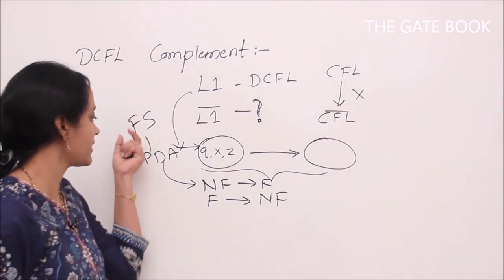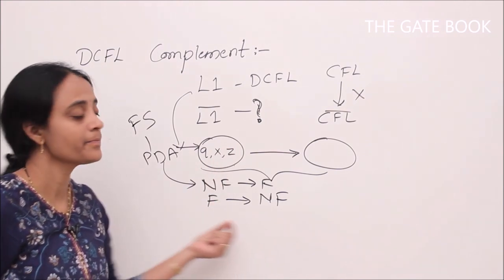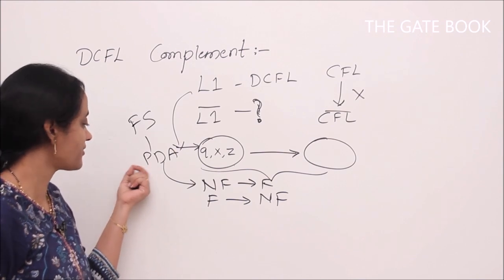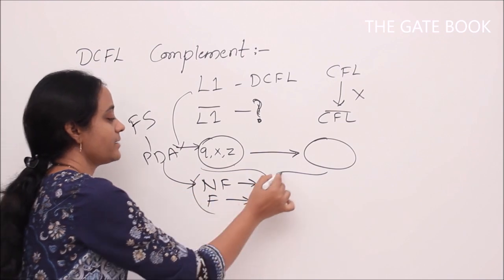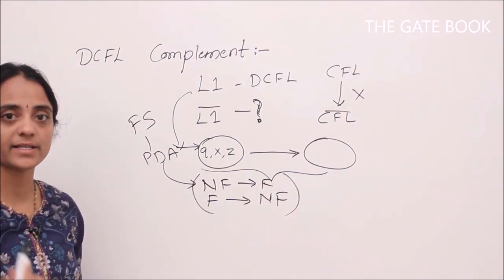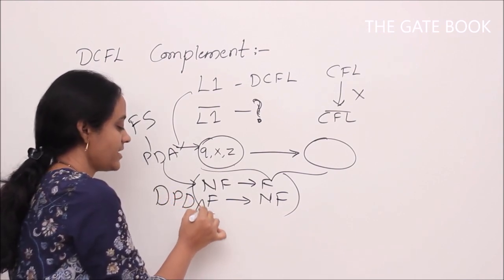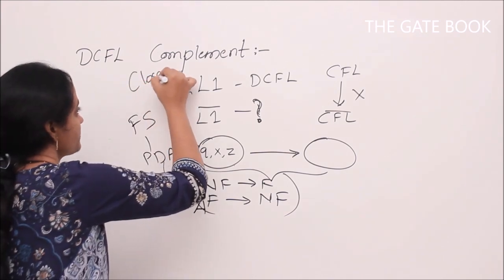Whatever string in this PDA was leading to a final state will now go to a non-final state, and whatever string was going to a non-final state will go to a final state in the complement. So there can be a construction through which I can say that there again exists a deterministic PDA for this language. So it is closed under complement.